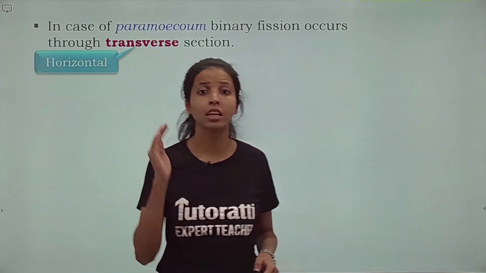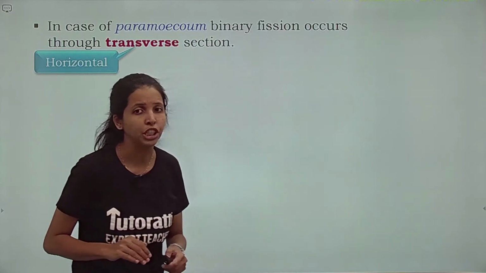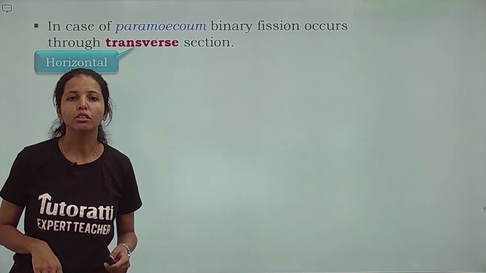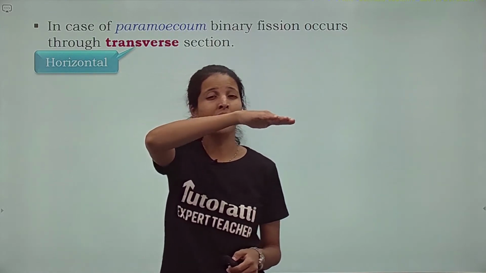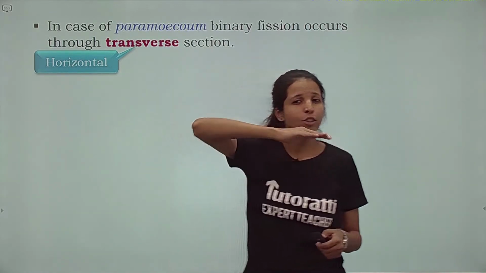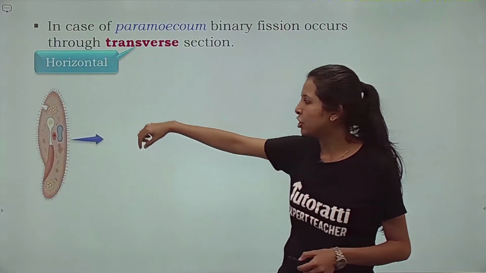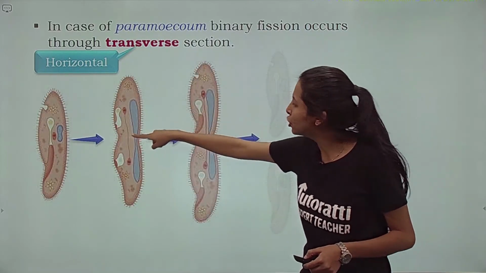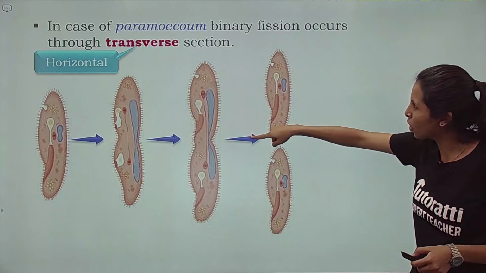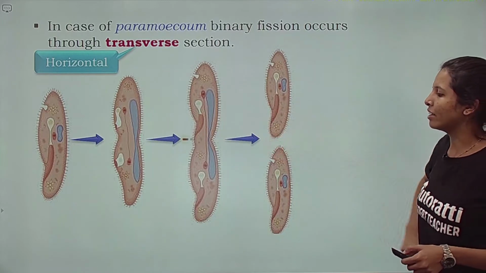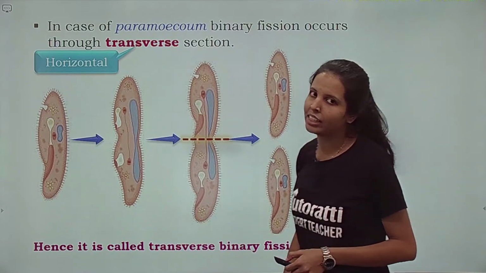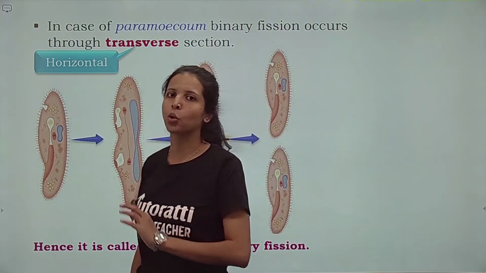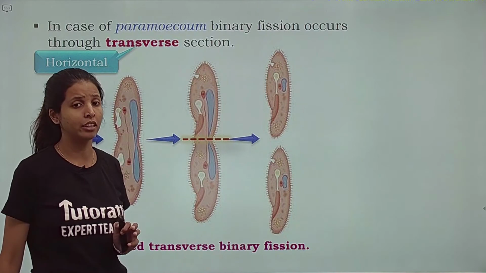Next, in case of paramecium, binary fission occurs through a transverse section. Horizontal, like the sleeping line we read in childhood, right? So when paramecium divides, the division takes place through a horizontal section. That is why this is called transverse binary fission.